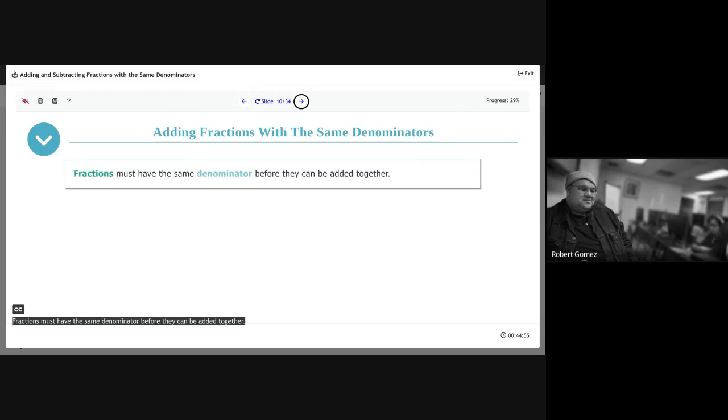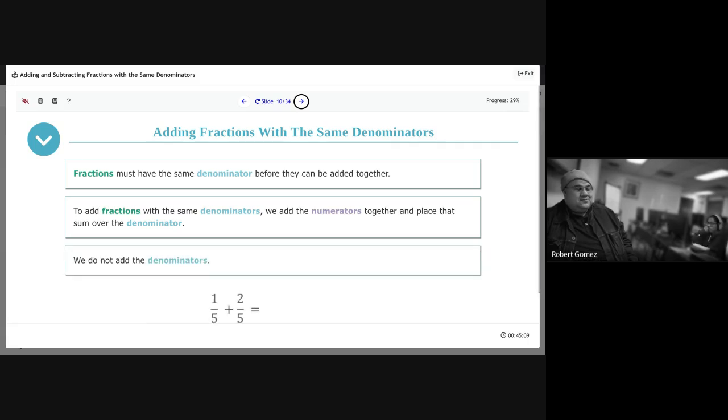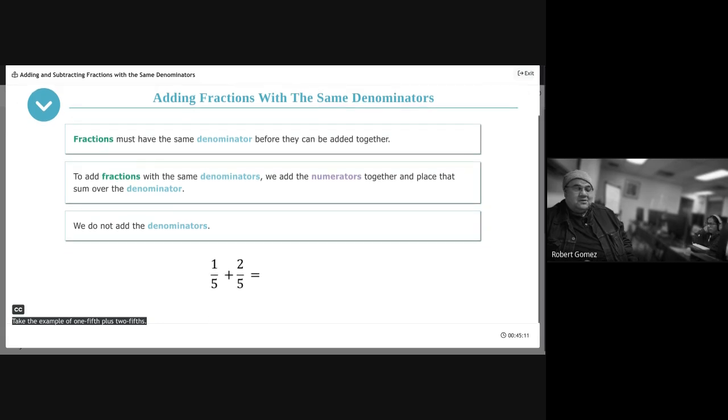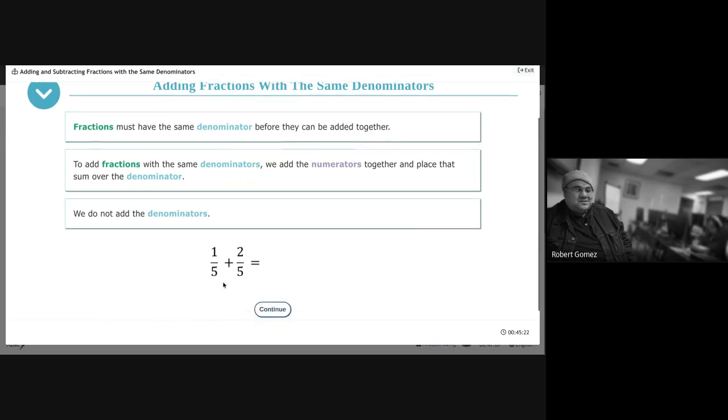So fractions must have the same denominator. They have to have the same bottom number before they can be added together. To add fractions with the same denominators, we add the numerators, meaning the top numbers, together, and then we place that over the denominator. Notice we don't add the denominators, okay? Because think about the ice trays. Think about two ice trays that have 5 spaces.